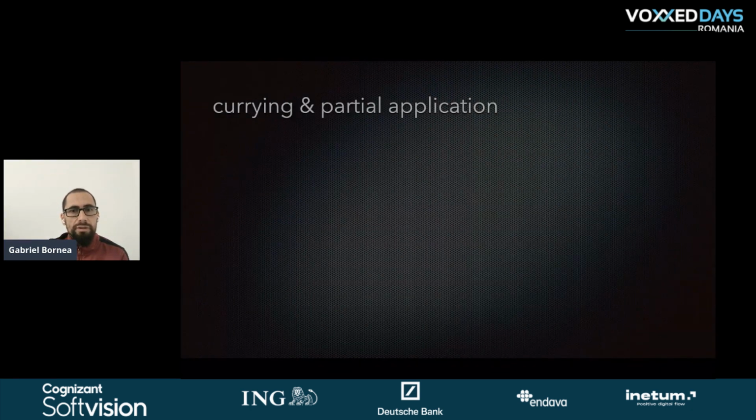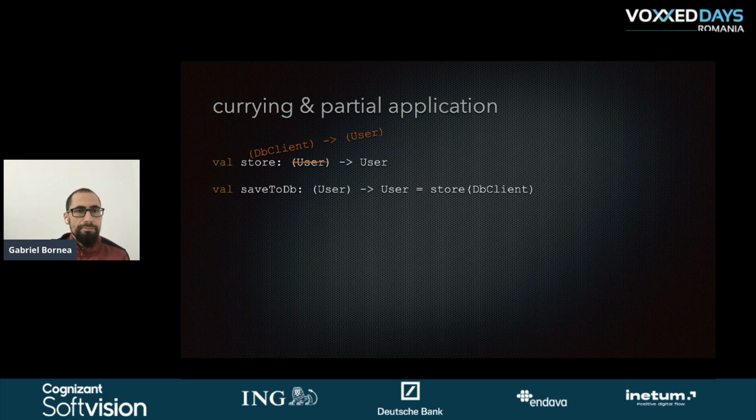If we were to put all of this together into our example, where we have the store function that goes from user to user, and rewrite it as a function that takes a DB client and returns another function from user to user, we can create a function saveToDB, and we are basically applying the store function with the DB client.